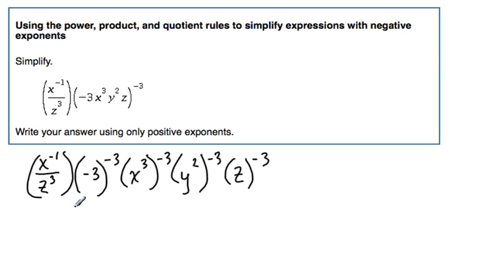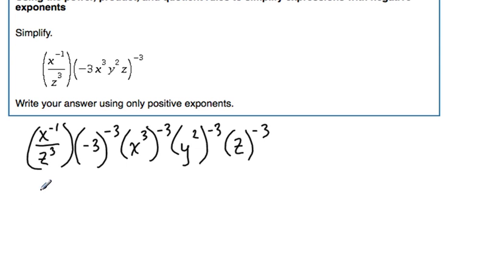All right, now next up, the x to the negative 1 over z to the third. We will leave that alone once again for the time being.